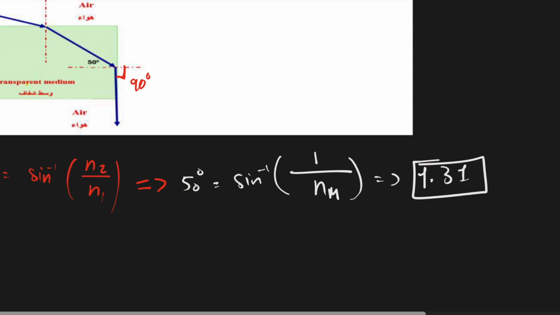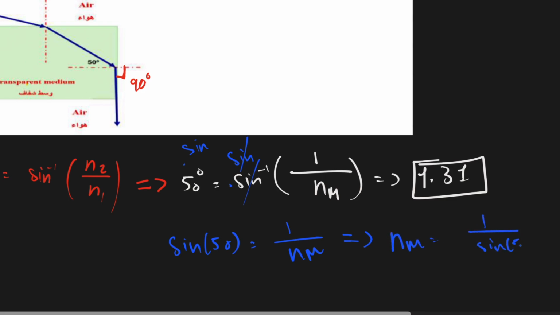So if I multiply by sine on both sides, the sine and inverse sine will cancel out and we'll have sine 50 is equal to 1 over nm. So nm is equal to 1 over sine 50. So this is also the answer.